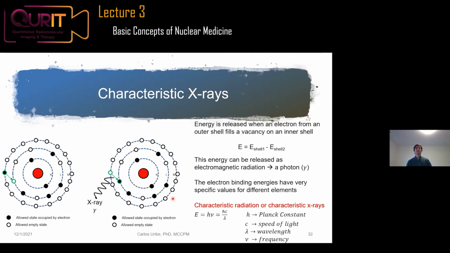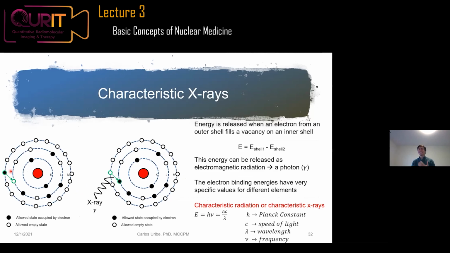And then that brings me to something that is called characteristic X-rays. So let's say that example that I had, we have an empty spot in a shell, and we have an electron in the outer shells. When this electron from the outer shell fills an empty space on an inner shell, there's a difference in energy because there's a difference in energy between those 2 shells.